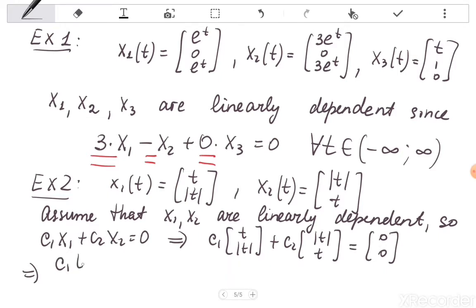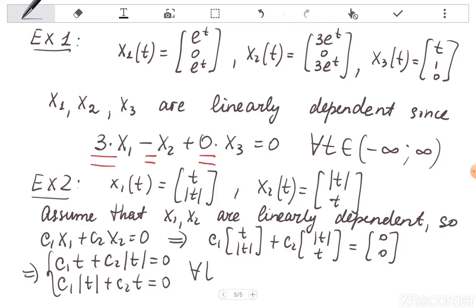So c1 t plus c2 absolute value of t is 0, and c1 absolute value of t plus c2 t also must be 0. This must hold for any t from the given interval, and here the interval is minus infinity to infinity.